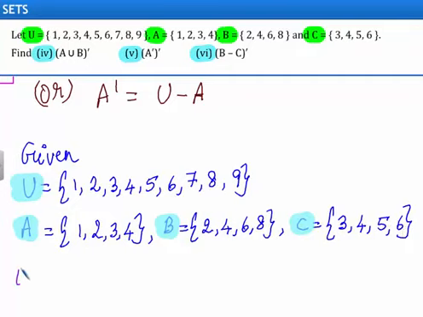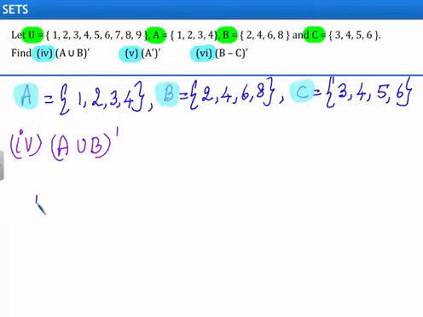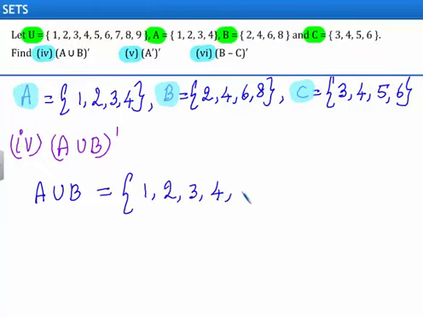In the first part of the problem, we need to find the complement of the set A union B. For that, first we need to find the set A union B. This will be equal to 1, 2, 3, 4, 6, 8.